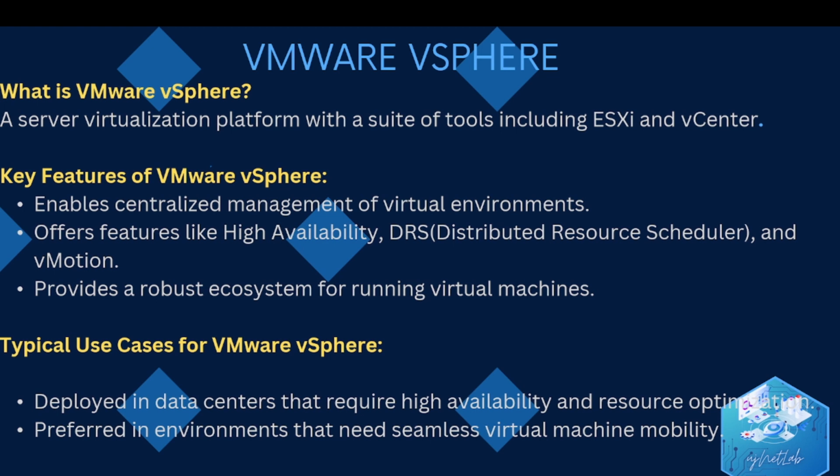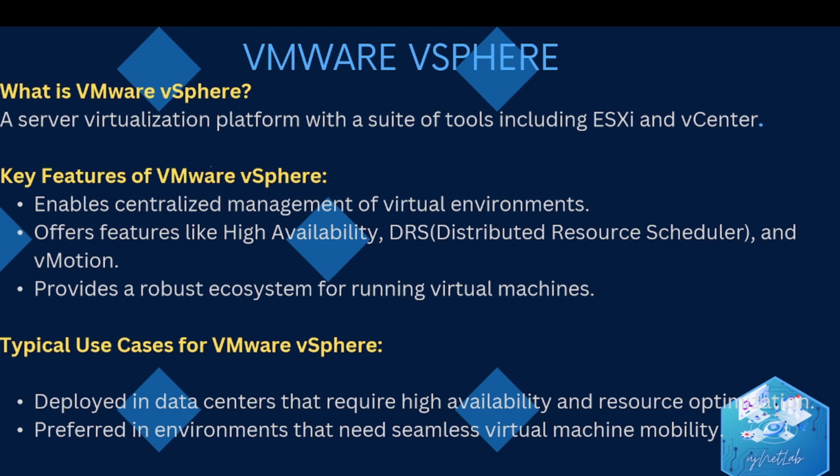Okay, and I forgot to tell you the vCenter is going to be a separate VM, but it will need ESXi. And furthermore, the key feature is that it provides a robust ecosystem for running virtual machines.